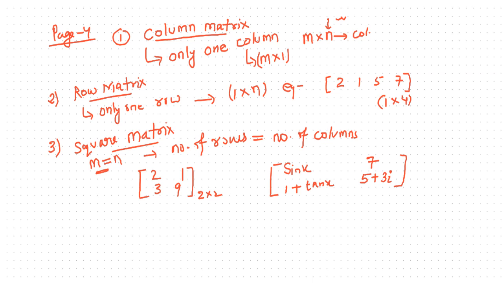Now moving to the fourth matrix, that is a diagonal matrix. Here only diagonal elements are non-zero. I will tell you what the diagonal elements are.